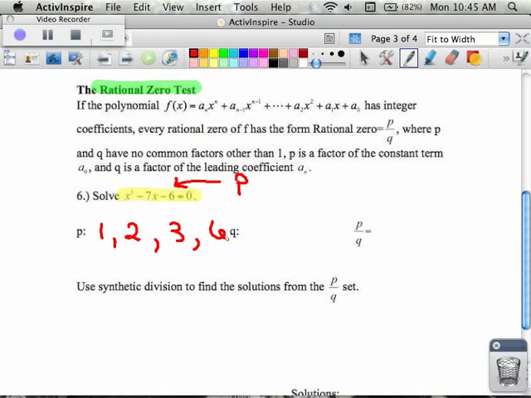And you could actually do the positive or the negative values of these, right? So I could have written down -1, -2, -3, and -6. Or if you want to save space, you go plus or minus 1, plus or minus 2, blah, blah, blah. Okay? So all these numbers can be divided into the 6, whether it's negative or positive.